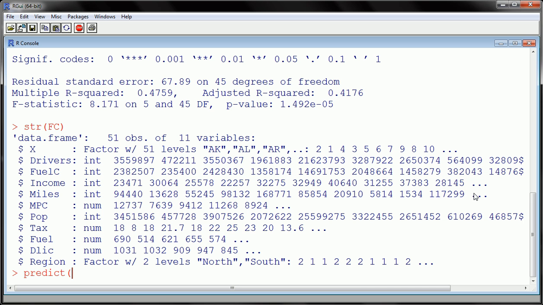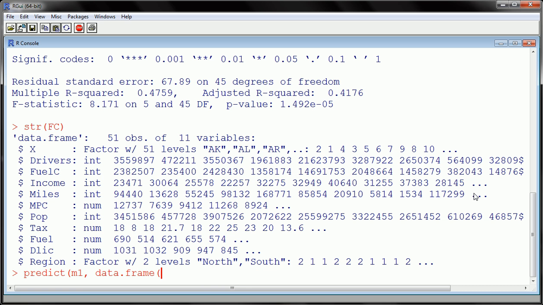Let's pick some values for those features. We use the predict function to predict using the model we just created, and we have to feed it a data frame of inputs so that it can calculate a prediction. So we use the data frame function and start stating values for our independent features.